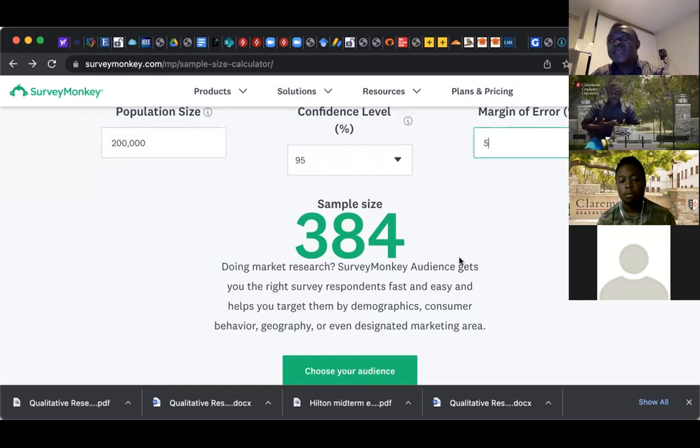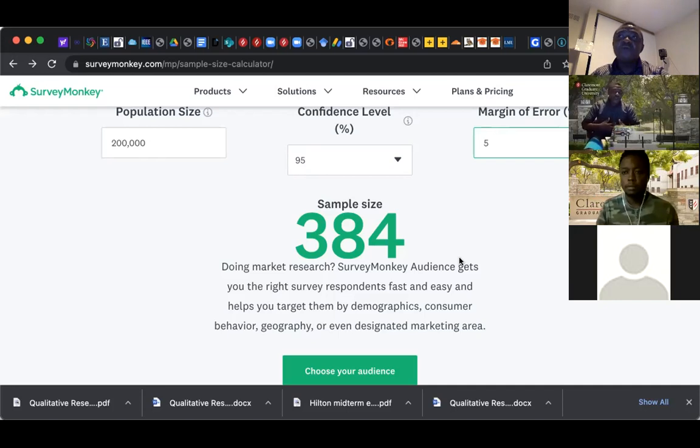So in that case, you will say, assuming we have a 200,000 population size, assuming you have been able to ascertain, maybe from a database or a search, or data mining, whichever technique you used, the actual population size.